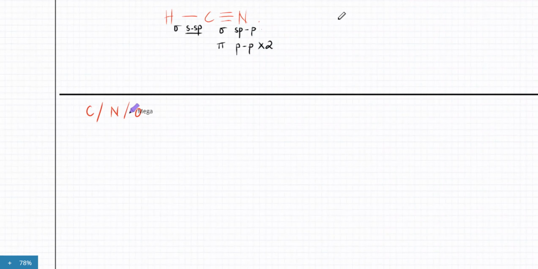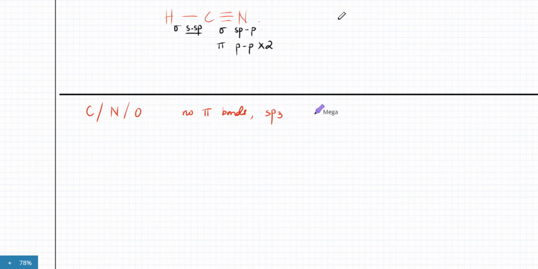So how do you know when an atom is sp hybridized, when is it sp2, when is it sp3? If you want a more general rule, that rule is, if you have no pi bonds, basically no double bonds, then it's very likely to be sp3.